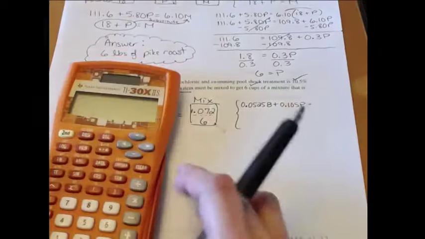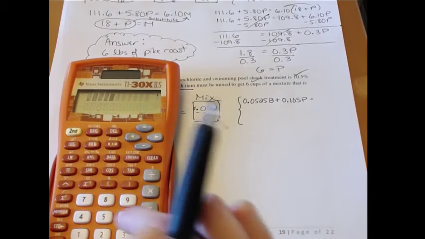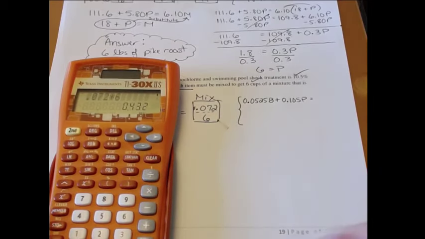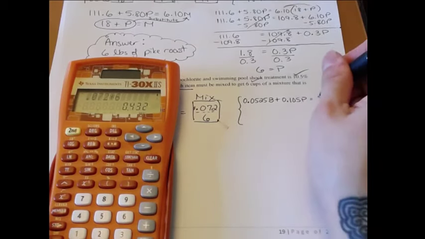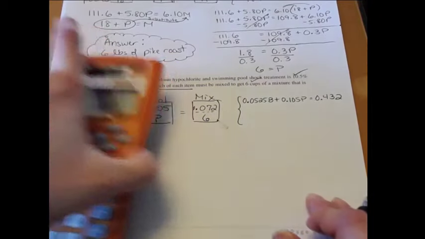So we're going to take 0.072 and we'll multiply that by 6 to get 0.432. So that's my first equation, the value of each.